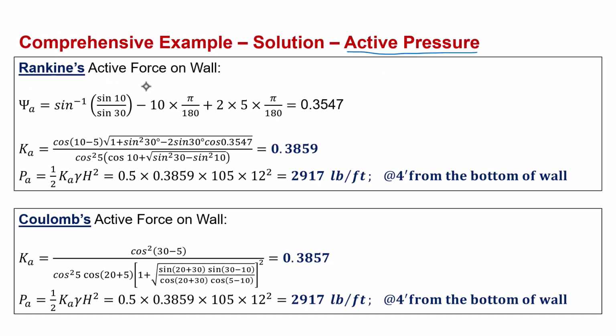Since this is a generalized problem in which the ground is sloped and the back of the wall is not vertical, you should use this formula we have already talked about to find psi A, and you just need to be careful if you're using this formula.